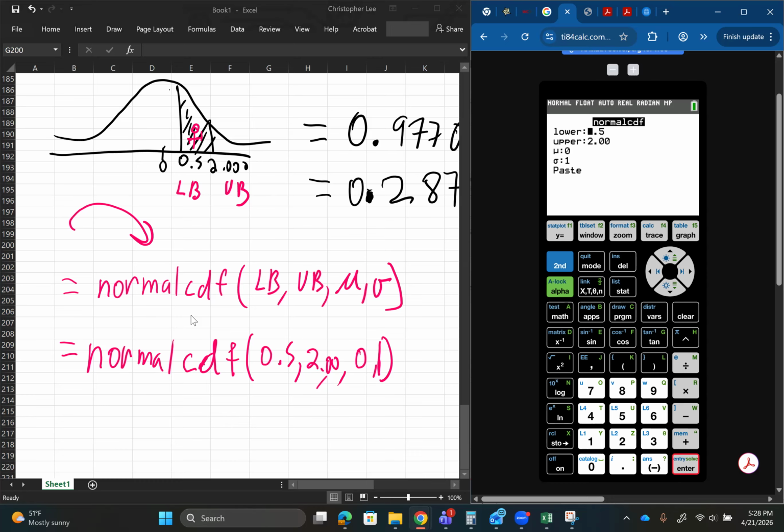My tutor, he's a good tutor. He told me we cannot do it in the calculator.